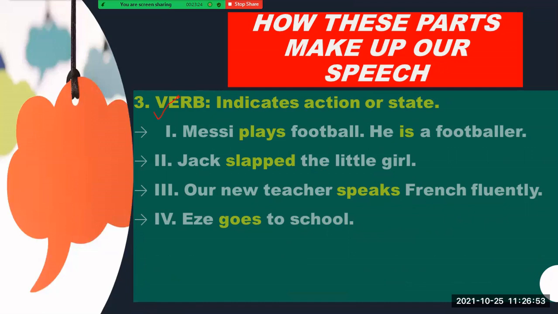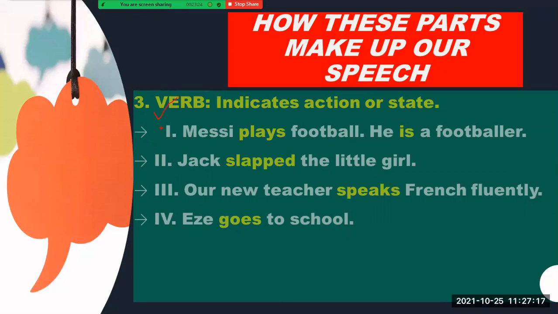So the verb is the most important part of a sentence, and we need to pay attention to it. Now, what does the verb do? The verb indicates action or state. So we have action verbs, we have verbs of being, verbs that report existence.